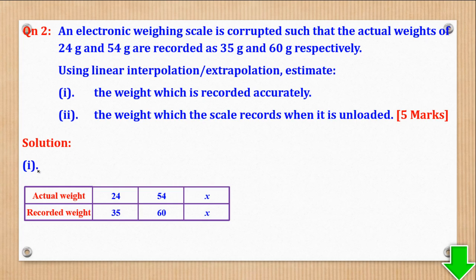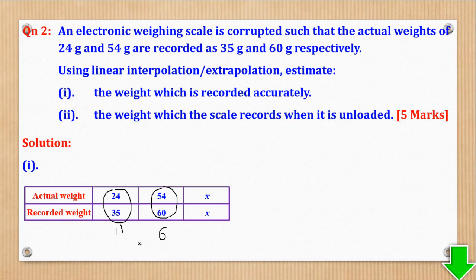For you to know whether it's interpolation or extrapolation, look at the difference. Here, 35 minus 24 is 11. Then 60 minus 54 is 6. So the difference is converging, it is reducing.